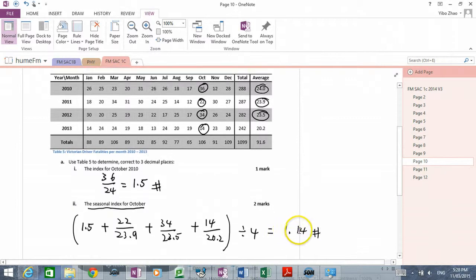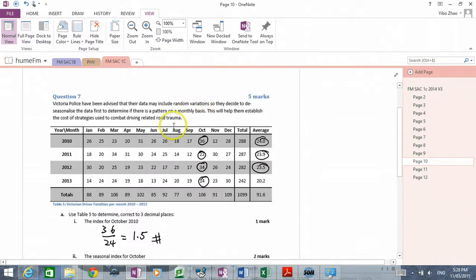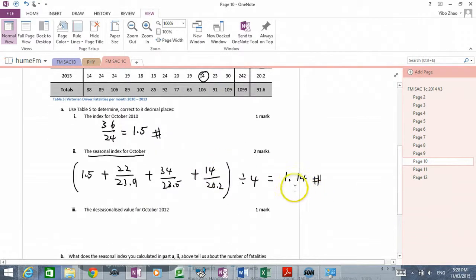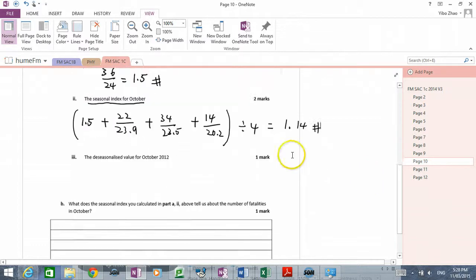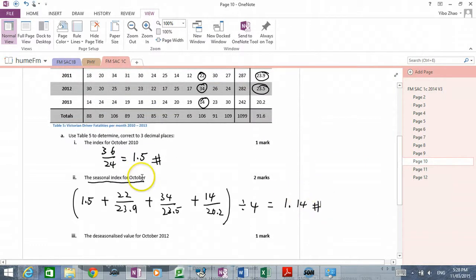The seasonal index means the number of fatalities, road trauma, the number of fatalities in October is generally 14% higher than the yearly average, or it is generally 1.14 times the yearly average. That's the meaning of the seasonal index of October.